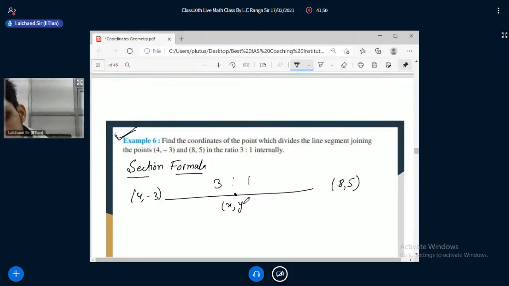We have to find the coordinates of this point P, which divides the line segment AB in the ratio 3:1. Can you apply the section formula here and tell me the value of x and y?